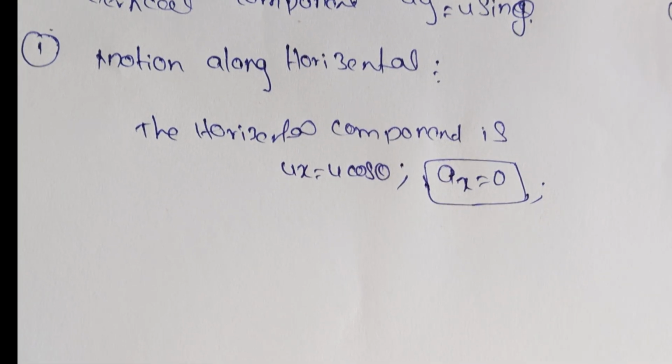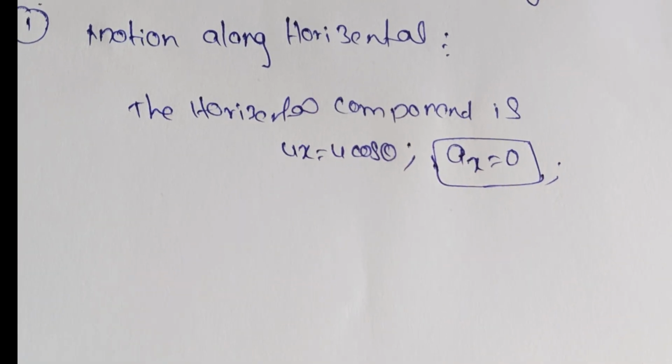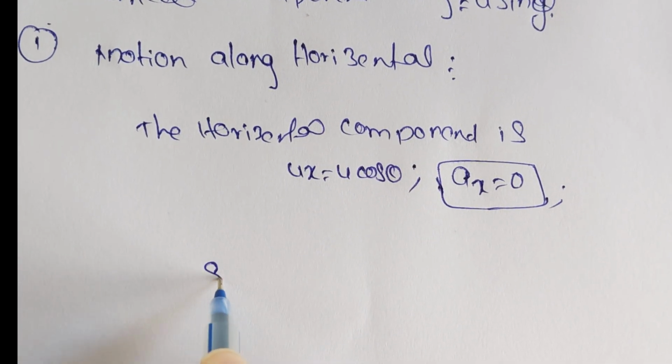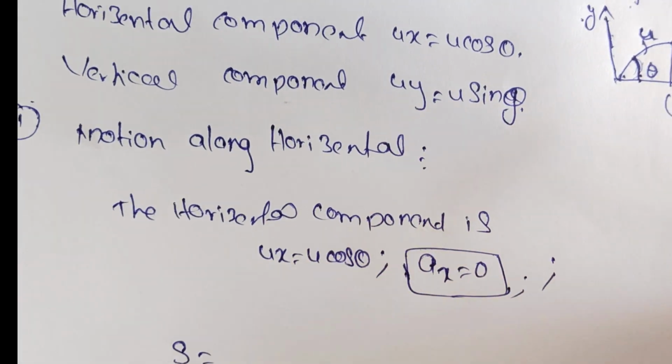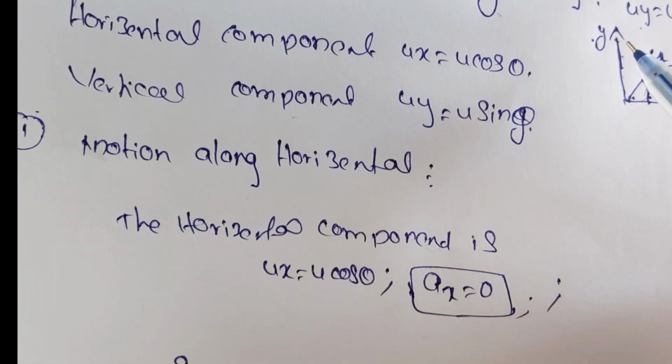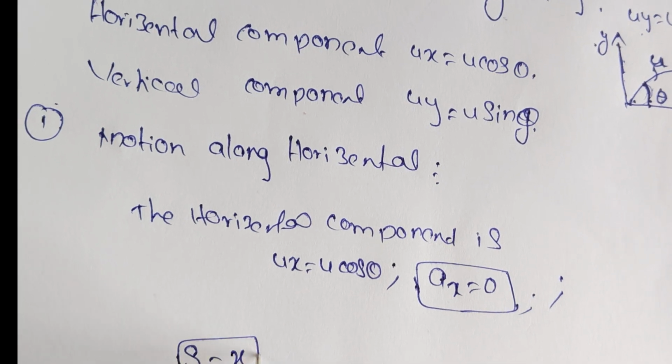Now we already know about motion along horizontal. What is the formula of s? Here s is the displacement component, the x component, so s equal to x.